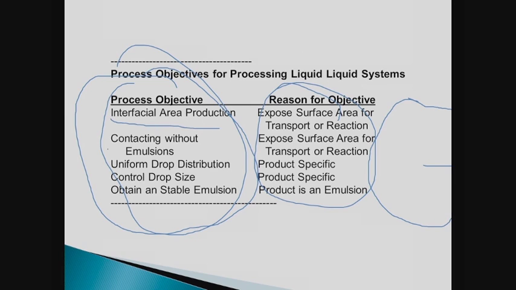Anyway, I want an interfacial area. I want contacting without an emulsion. Those movies I showed you, pitch blade turbine, drop breakage, those made emulsions. Perhaps I want to use uniform drop size. Maybe I want to control drop size. I want to maybe obtain a stable emulsion.